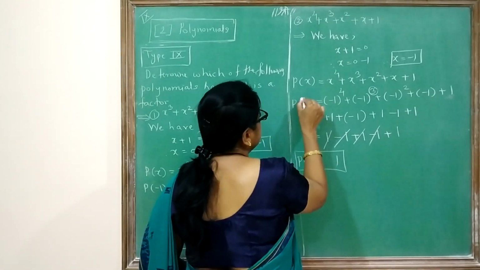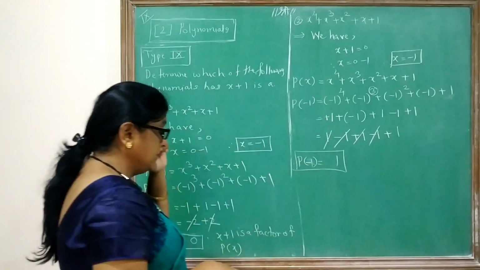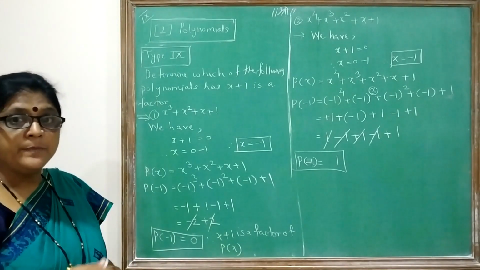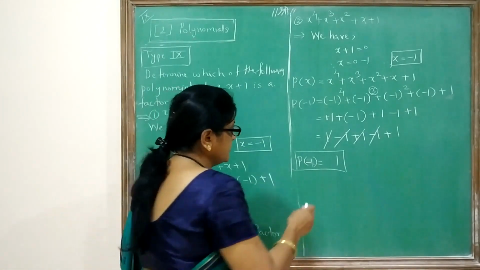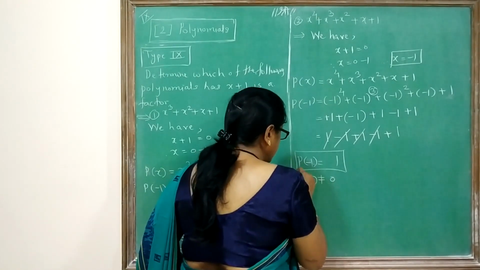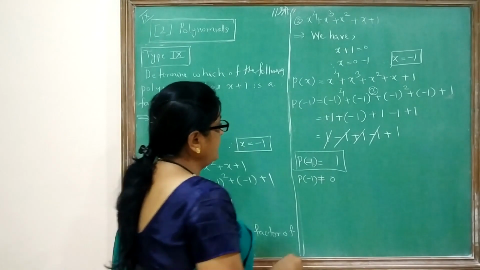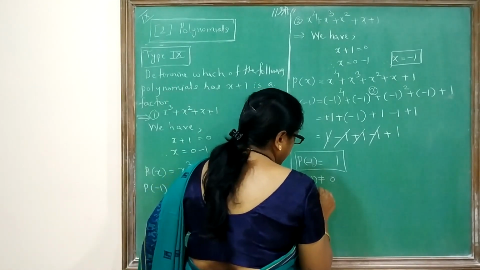Your remainder is 1, it is not equal to 0. Then it is not a factor of p of x.